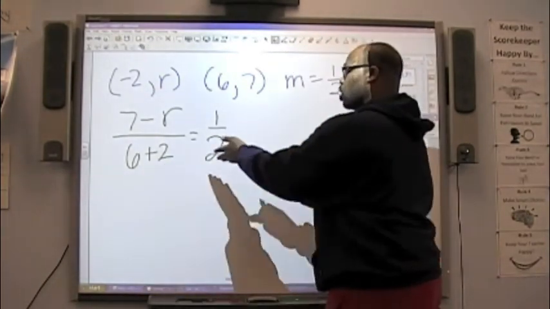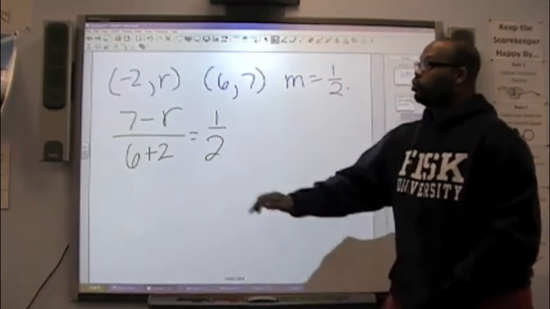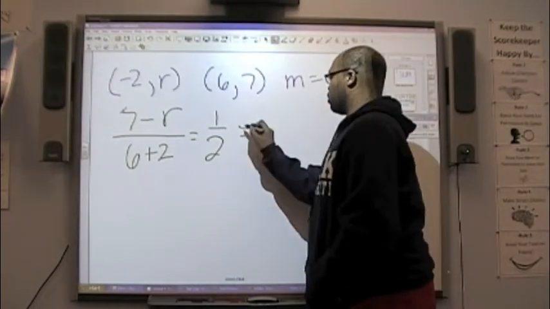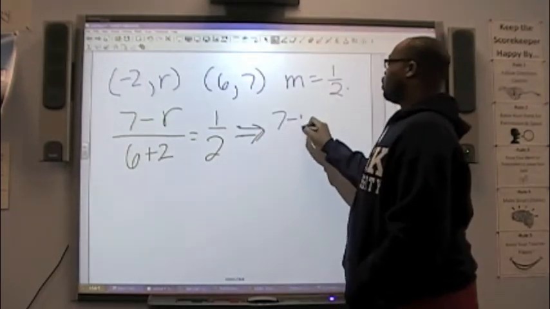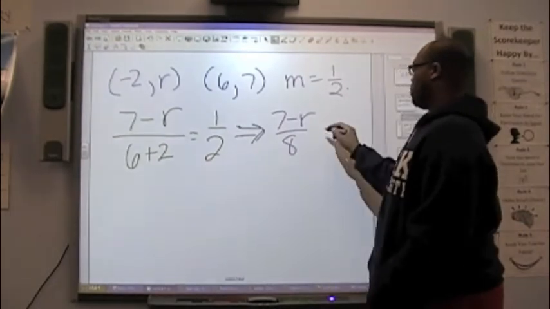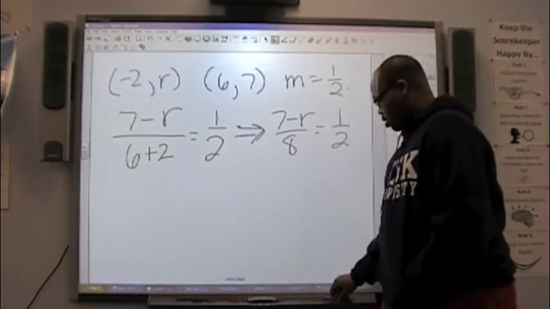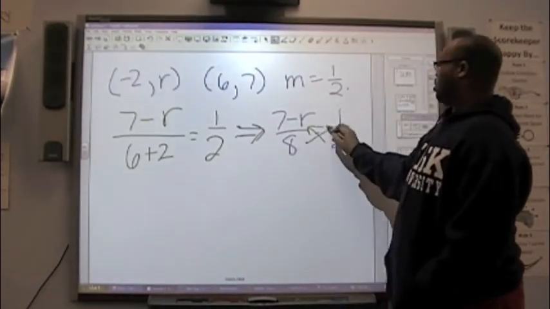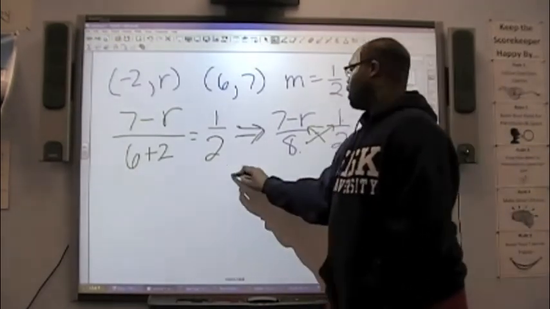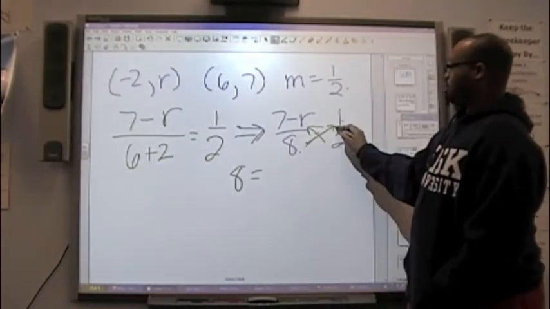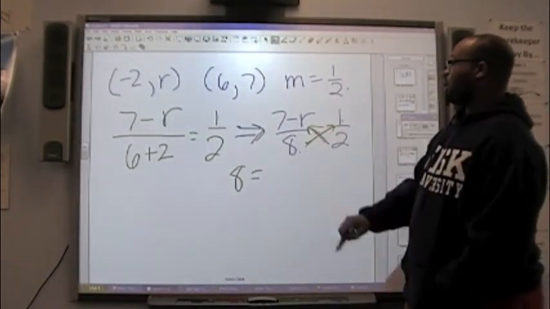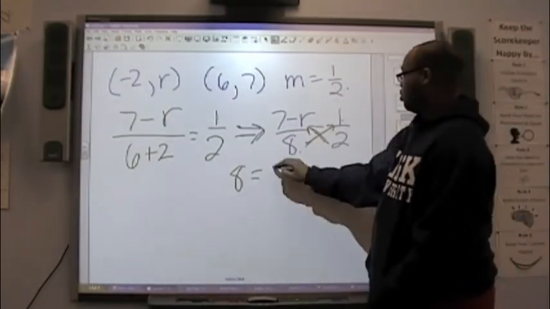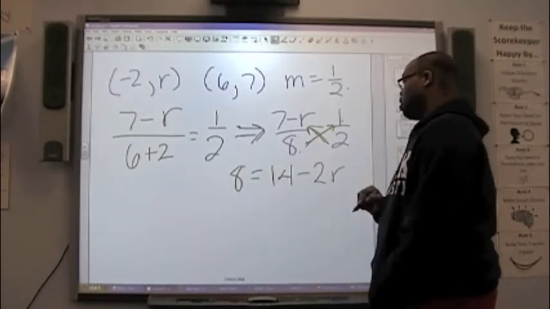And so if we know the slope, then we can add that into the formula. Now we're just trying to solve for r. I'm going to rewrite that as 7 minus r over 8 instead of 6 plus 2. Now I can use cross multiplication to solve for r. 8 times 1 is 8. Multiplying those two, 2 times 7 minus r. I need to use the distributive property, so it's going to be 2 times 7, 14, minus 2r.